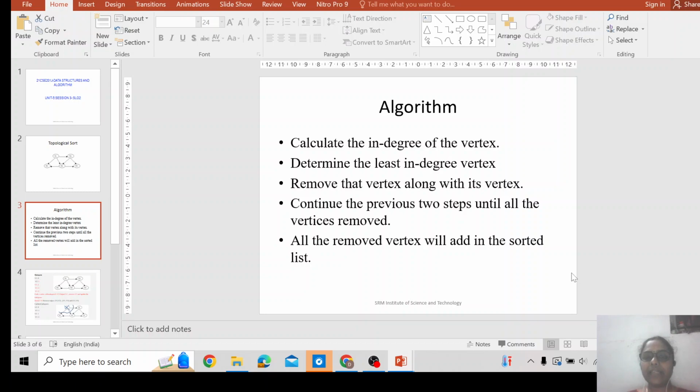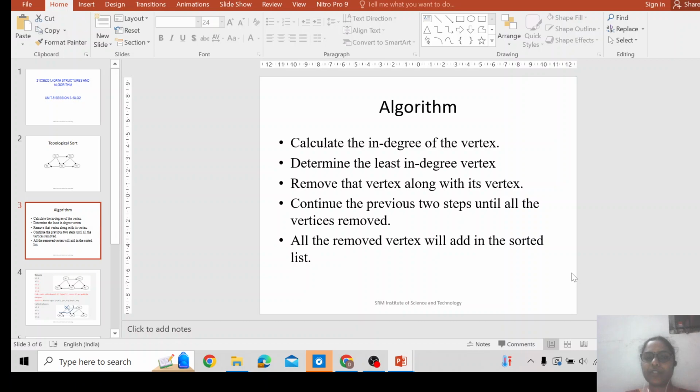For our convenience, we go in alphabetical order or numerical order, based on the vertex name, either ascending alphabetically or numerically. So the first point is to calculate the in degree of each vertex. The second is to determine the least in degree vertex out of all the vertices, which may be 0 or 1. It depends on the selection of your graph.